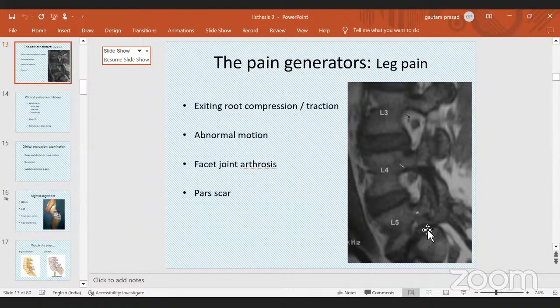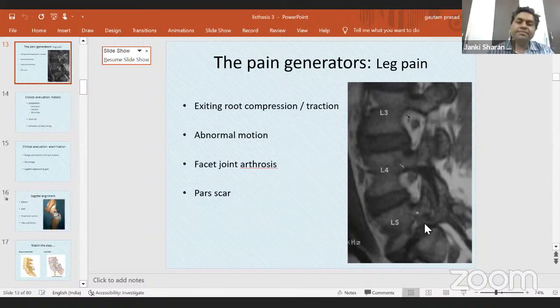The disc is abutting the root from below, the sacrum is pressing on the root from below, and the pedicle and the pars are compressing the root from above. That's why the obliteration of the fat pad is seen. So a normal teardrop sign, which is like a tear, is obliterated at the lytic listhesis level. Am I clear? Yes, sir.